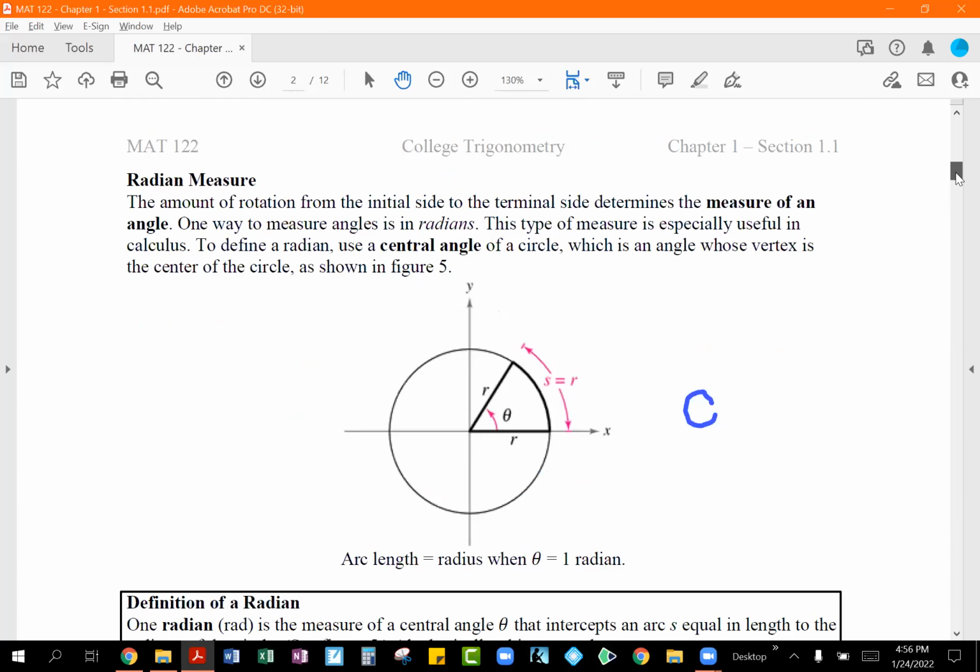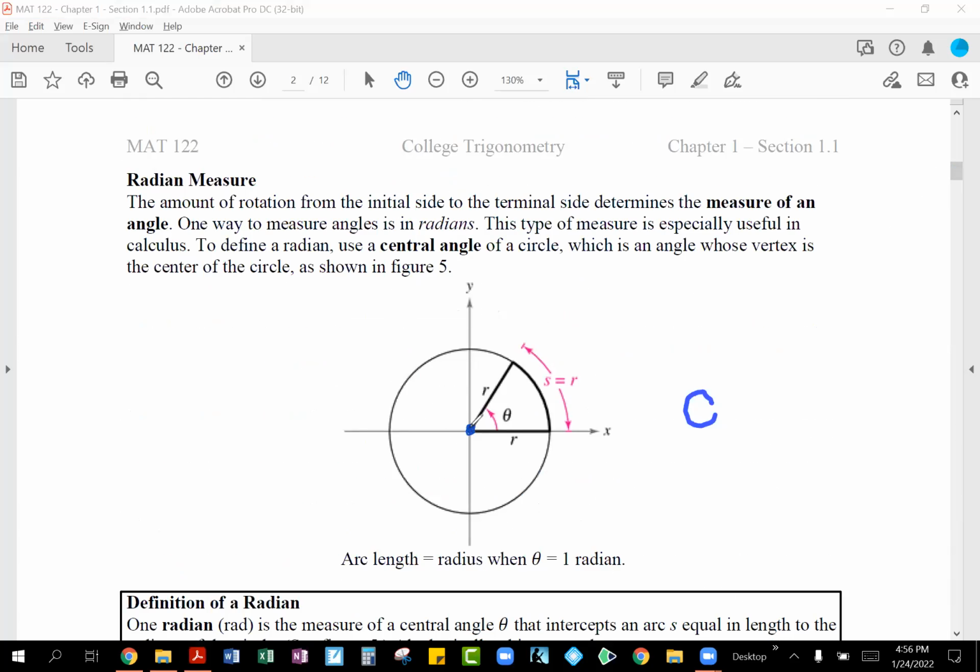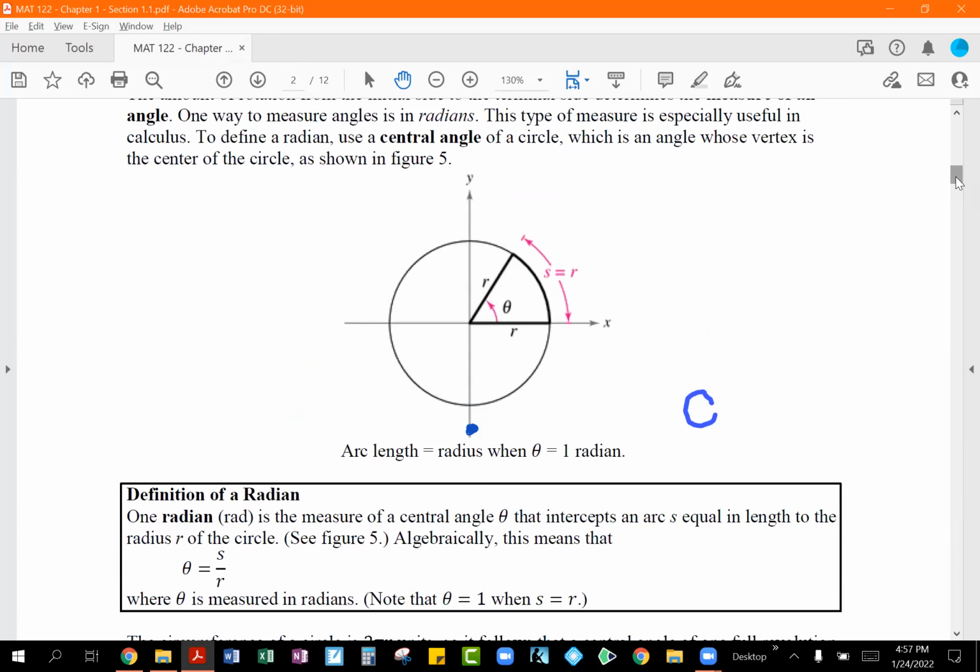Okay, so the central angle that I'm talking about is where your angle falls right here, on the center of your circle, the center of the coordinate system. So that's where the vertex should be. And from the vertex, you calculate your central angle.